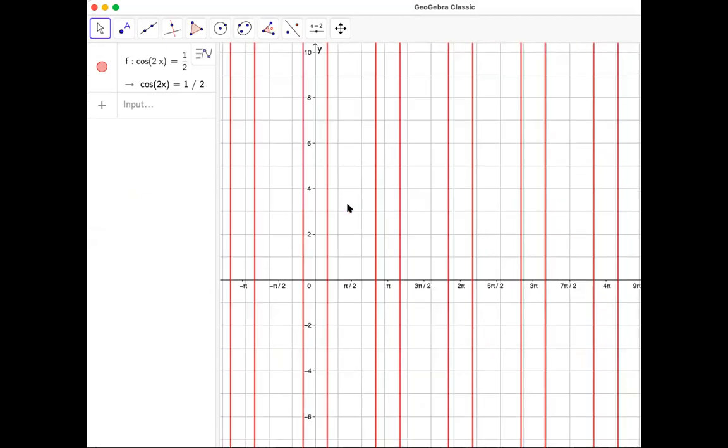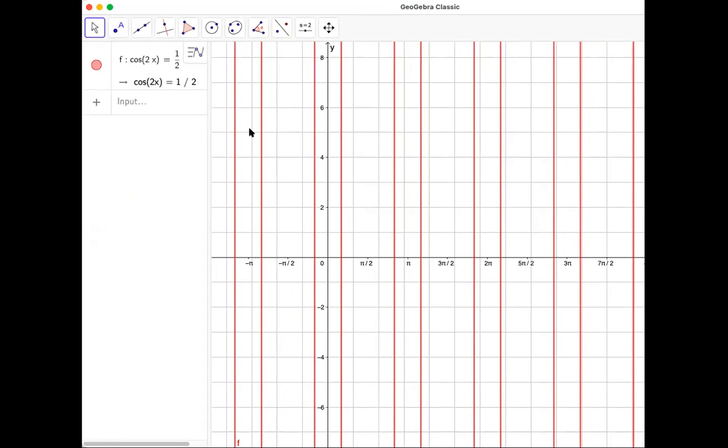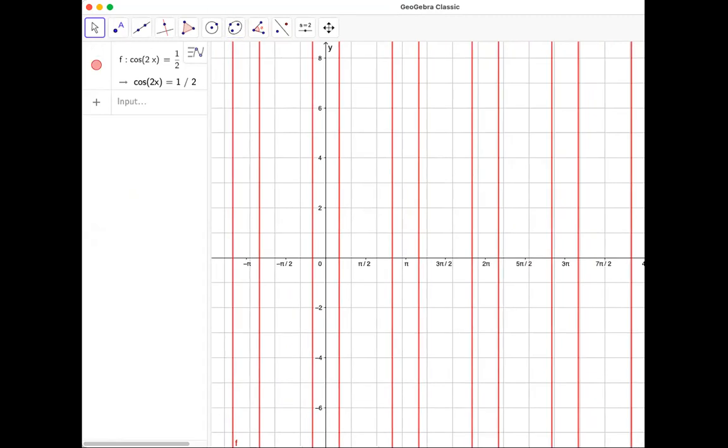Okay, these are the x-axis. And let's annotate. And again, we are supposed to be considering our answers from 0 to 2 pi, where 2 pi is not included.